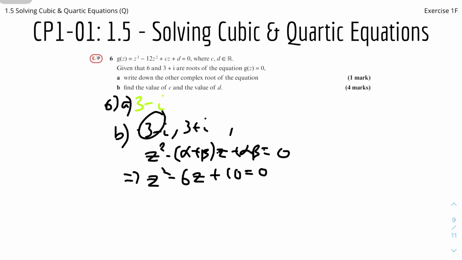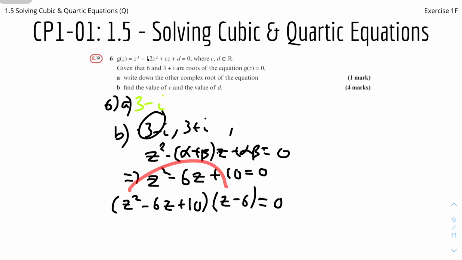And now we have to combine this with the root 6. So I'm just going to do it normally by doing some expansion. So z squared minus 6z plus 10, times z minus 6 equals 0. I'm going to collect some terms by expanding them. The first term will be z cubed.